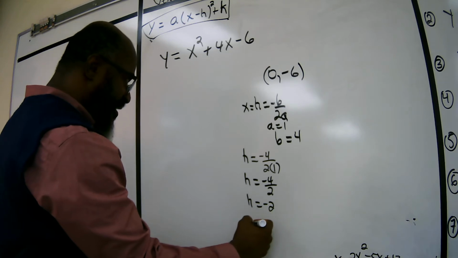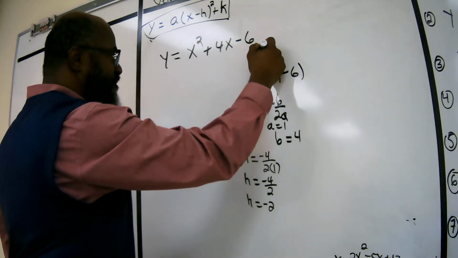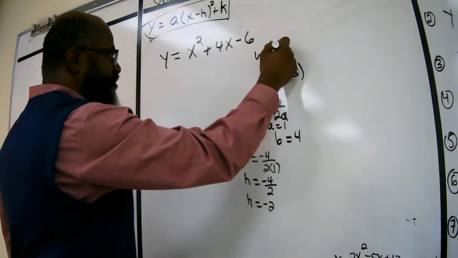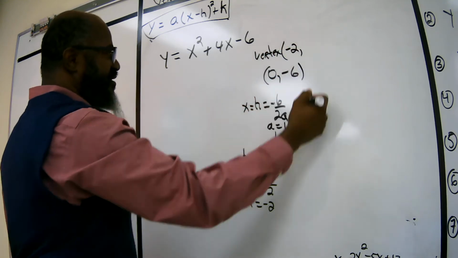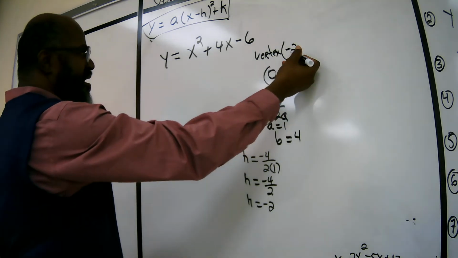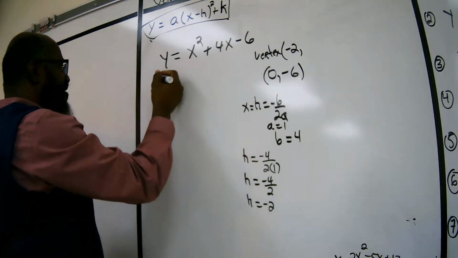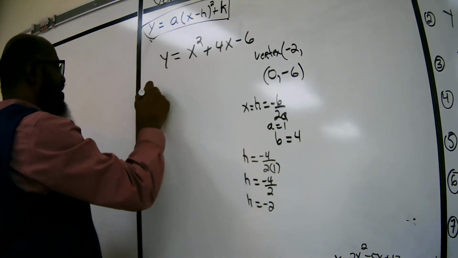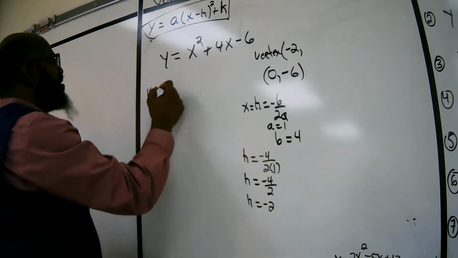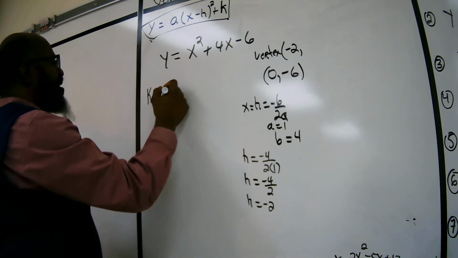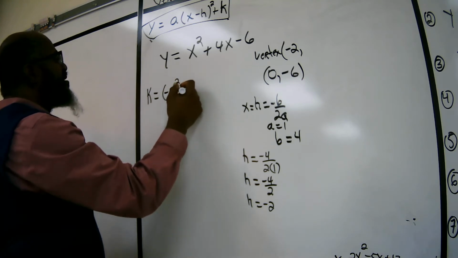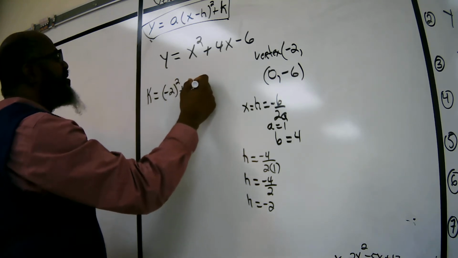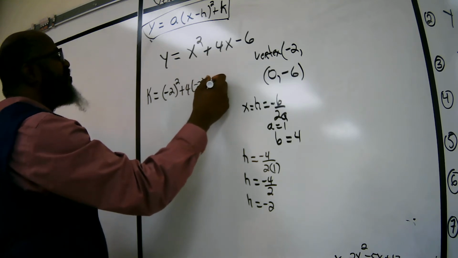So for your vertex, this is the essential point you're going to find: h is negative 2. Then you take negative 2 and substitute it to find k. Where you see y, you will call it k. Same thing as y. So we substitute negative 2 for x: negative 2 squared plus 4 times negative 2 minus 6.